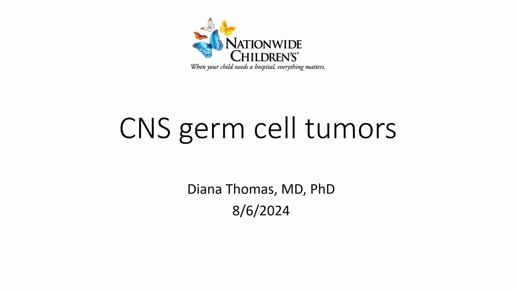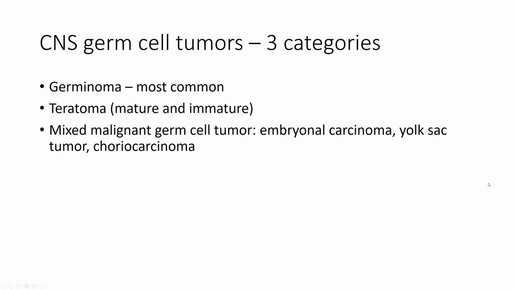And actually, there's very limited diagnoses that are made, in part, in practicality. Sorry, I'm having trouble advancing my slides again. Oh, there we go. So really, there are just 3 main categories of diagnoses we make surrounding germ cell tumors in the CNS.